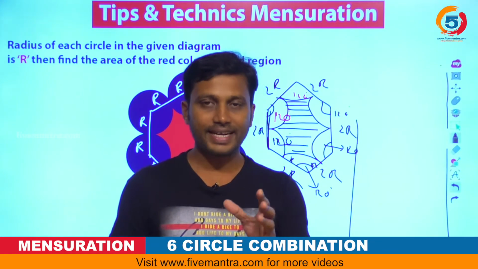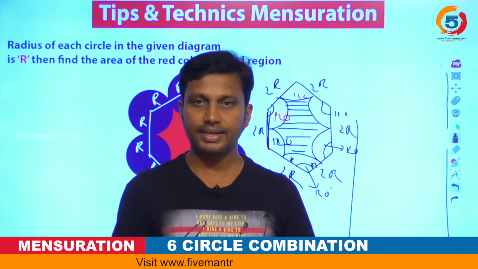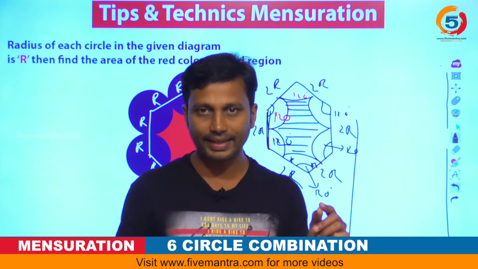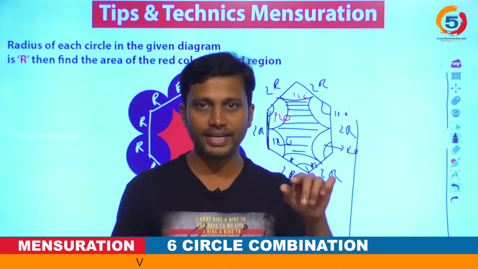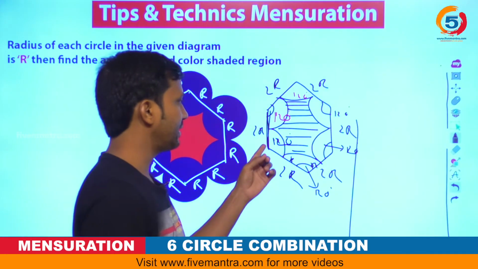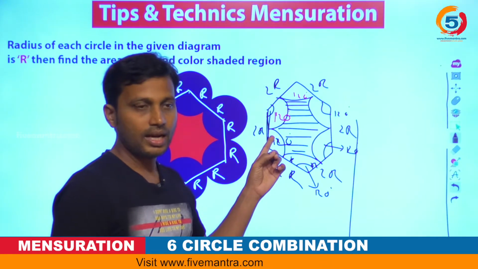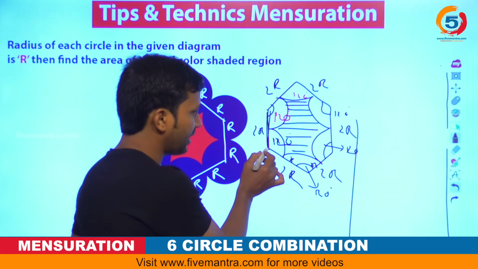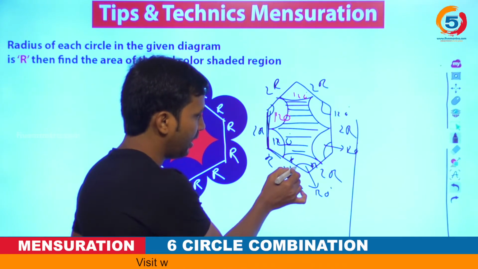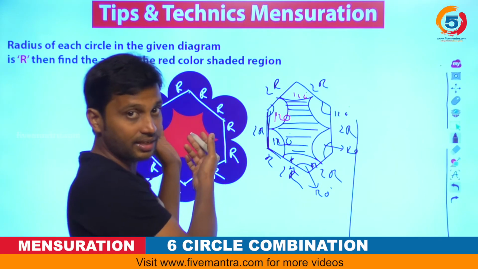To find the sector area, what things are required? The central angle, meaning the angle made at the center of the sector. Each sector angle is 120 degrees. And what is the radius of each sector? It is R, as given in the diagram.